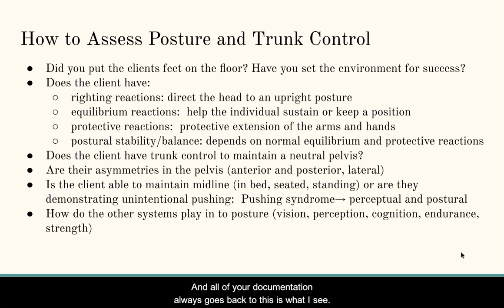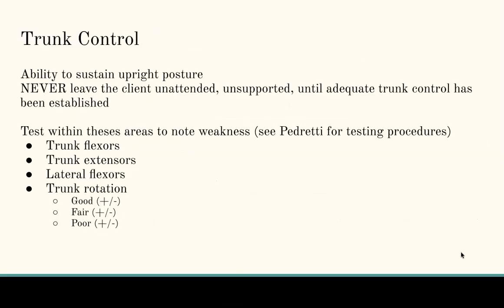And all of your documentation always goes back to, this is what I see, this is how it impacts their function. This is how it impacts their ability to engage in occupation. So we talked about good, fair, poor for posture. When you're looking at balance and trunk control, you're also using good, fair, poor.